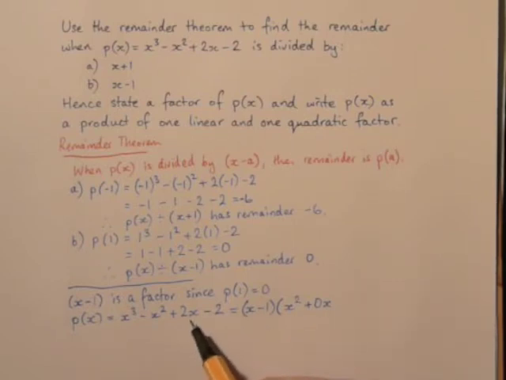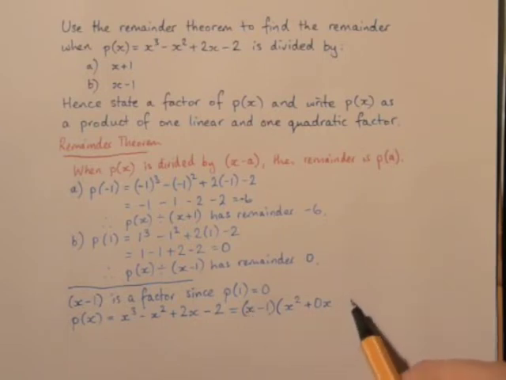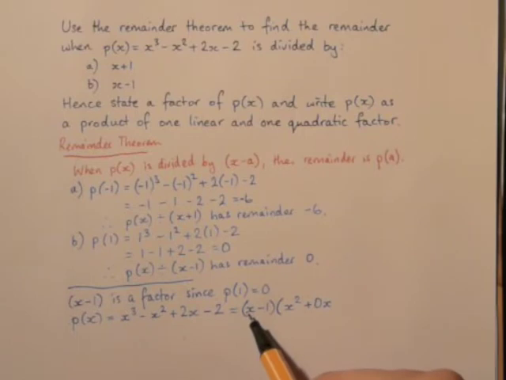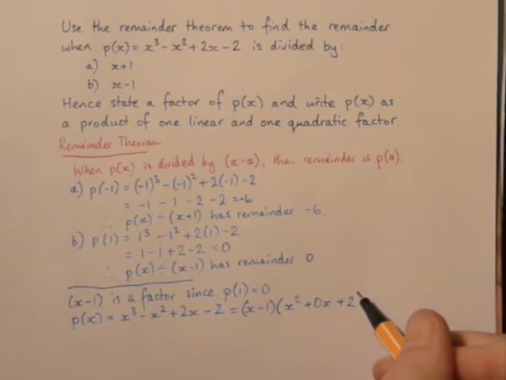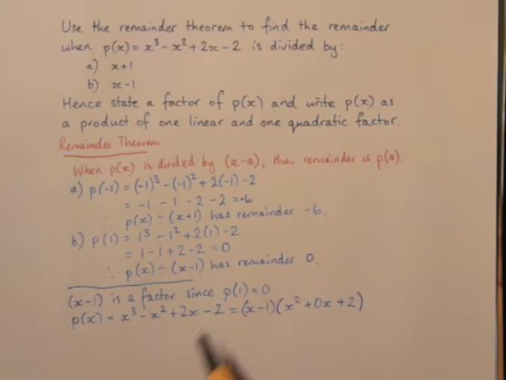And finally, we've got to make 2x, so to get at the constant term, we've got minus 1 times 0x, which is 0x, and then we've got x times the constant, which is going to be the only contribution, so it must therefore be plus 2. Because we've reached the constant, we have to close the bracket. Just to double check that we've got the correct constant over here, and it all makes sense. Minus 1 times plus 2 gives me minus 2, so that's okay.